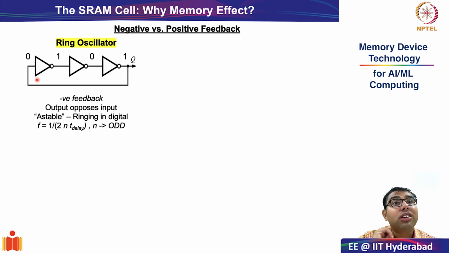And this ringing frequency can give us a lot of vital information. This ringing frequency, as you can see from this formula, can tell you what is the propagation delay at each and every stage. The formula is f, which is the ringing frequency, is equal to 1 by 2n tau delay, or t delay. First, what is n?